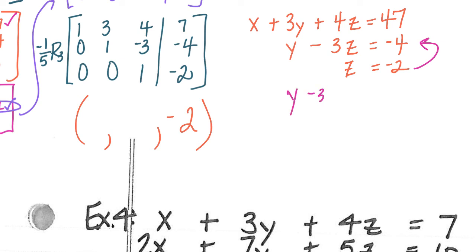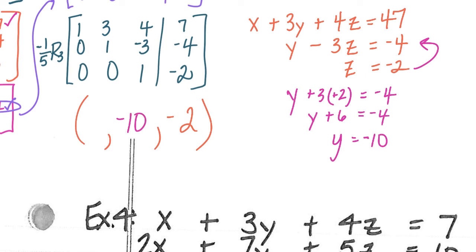Y minus 3 times negative 2 equals negative 4. Y plus 6 equals negative 4. So y equals negative 10. And back substitution again. X minus 30, I just multiplied that, minus 8 gives me 47.